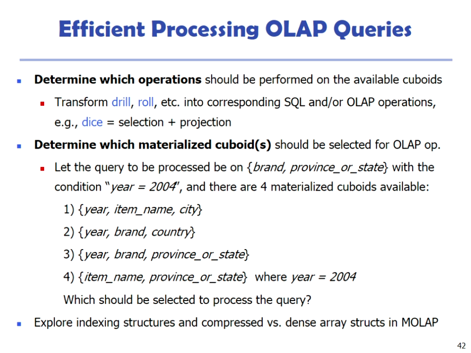For example, dice is a selection plus projection. After that, determine which materialized cuboid should be selected for OLAP operations. Here it depends, for example, on the frequency of access to this cuboid, etc.